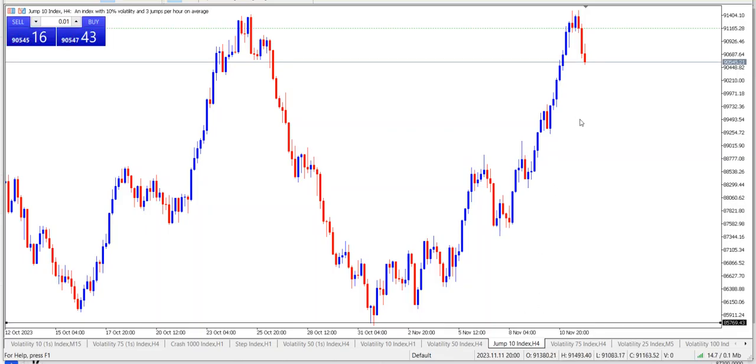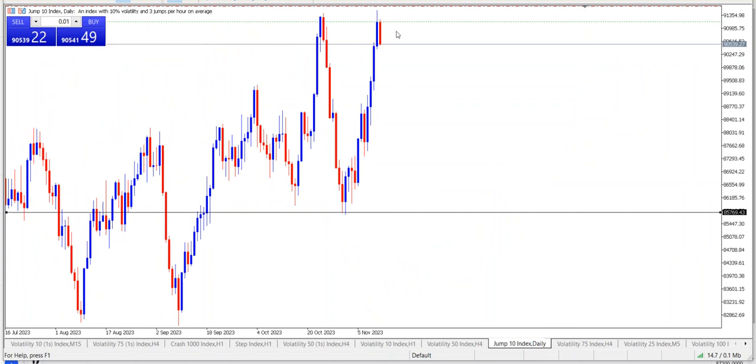And then get good rewards. As this market here, my stop loss was above here. If I go to the daily, you see this is my stop loss, and this is my take profit where I enter the trade. As the trade has gone in my direction, I can easily break even because this is one to one.